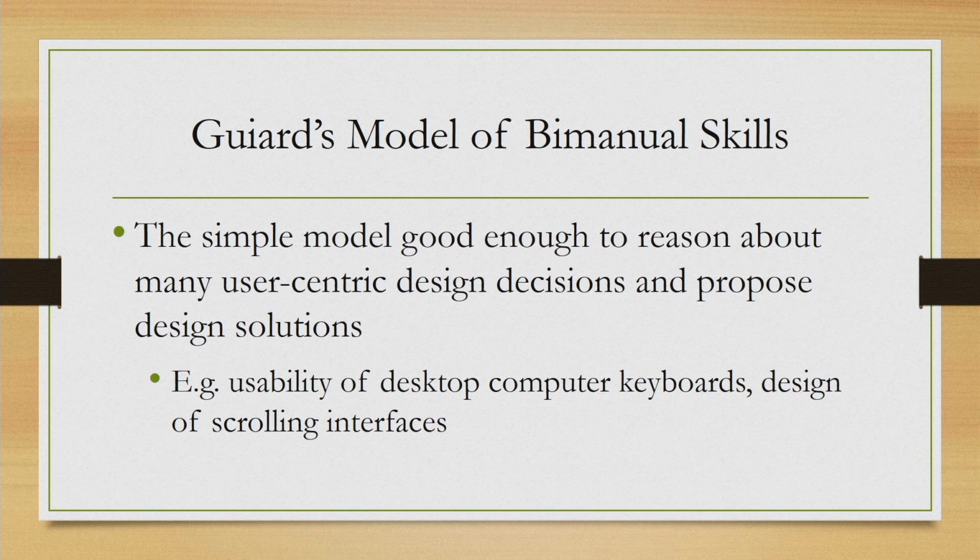So, this simple knowledge of how our hands move actually helped in coming up with design decisions and design solutions that are useful in making a product usable. For example, the knowledge is used for better design of computer keyboards, scrolling interfaces, and so on.